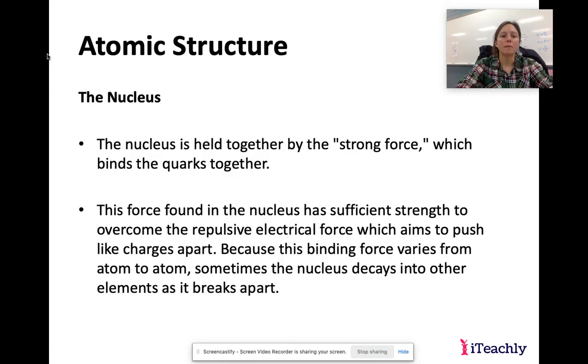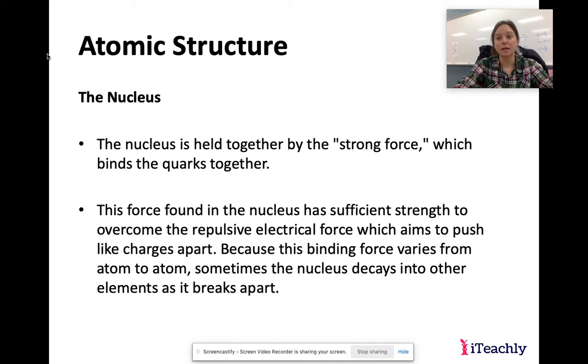So what do we know about the nucleus? So the nucleus is held together by really strong forces that actually hold these quarks together. So these forces are sufficient enough to overcome the positive repulsion from our protons in our nucleus.